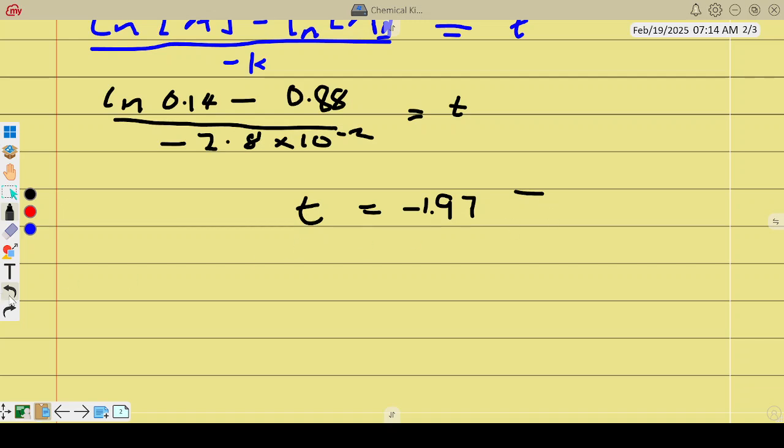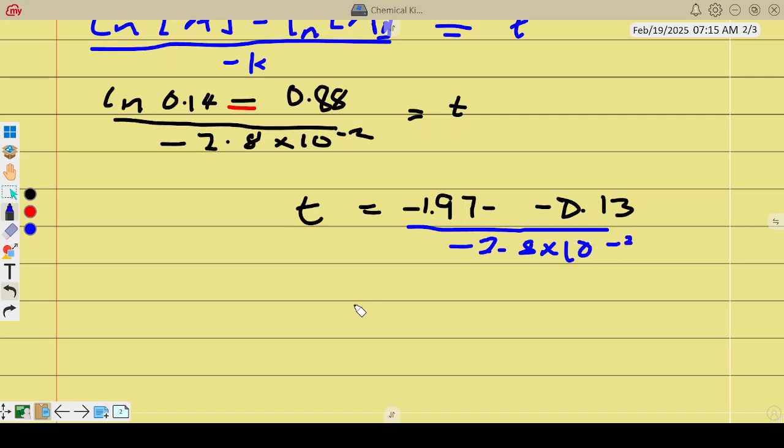So this is minus, what is ln 0.88? It is negative 0.13. You should always be careful with the negatives. We already have a negative here, and then when you punch in this, you have another negative. So everything is over negative 2.8 times 10 power negative 2.